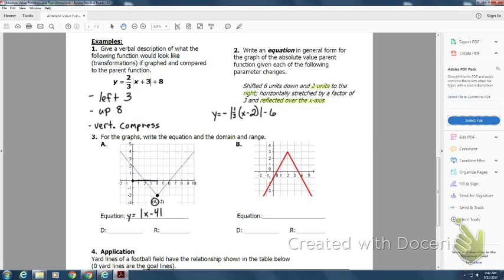Isabel, what's going to go after that? Minus 2. Always make sure that you check the slope on these. Okay, this is going up 1, right 1, and it's opening up. So there's my equation.